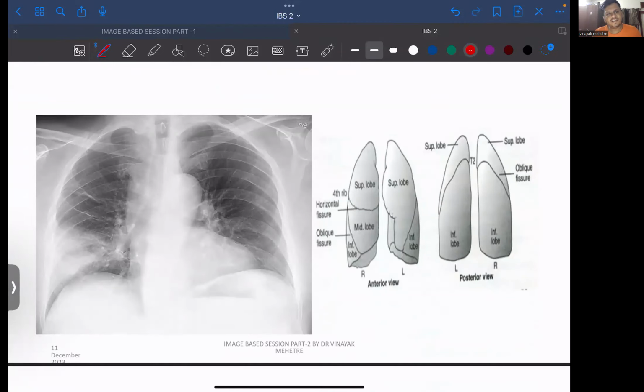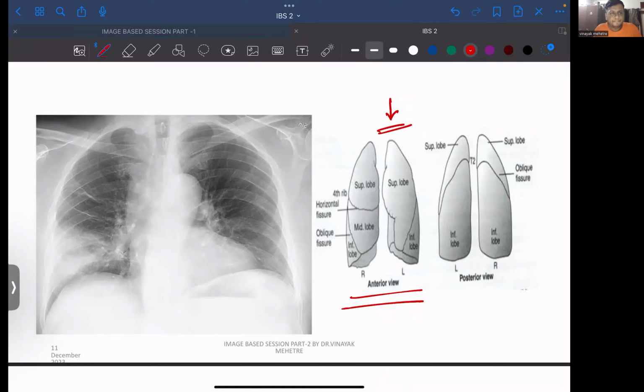Then comes a difficult question: which lobe is involved in this pneumonia? They will give pneumonia features and ask which lobe is involved. What do you think? There is no trick. You have to remember it carefully.